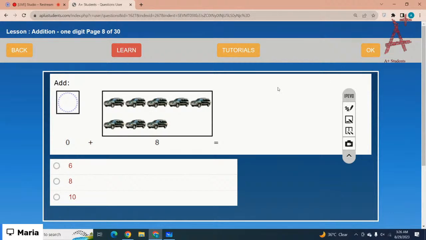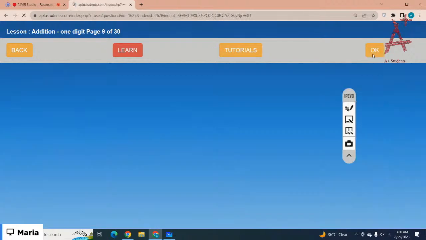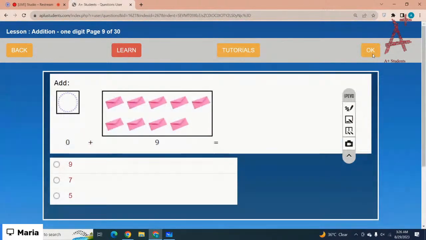The correct option is 8. The next one is 9 plus 0. So 9 plus 0 equals 9. So the correct option is 9.